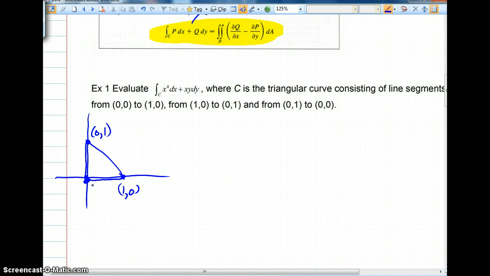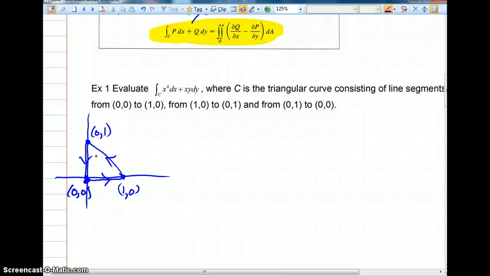Notice that you don't have to start on the positive x axis. I think sometimes we almost think you must begin at 1,0. No, you can begin anywhere. Just notice that the motion we're traveling is in a counterclockwise fashion. That means we have positive orientation, and it means we could use Green's theorem.